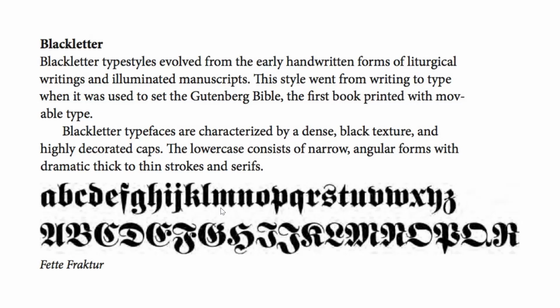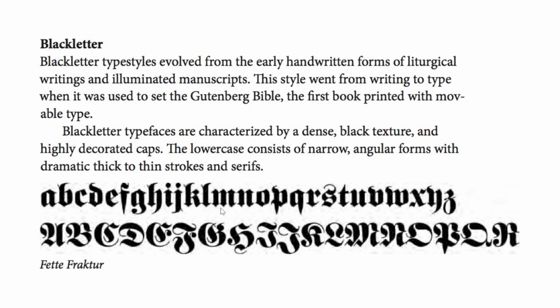Miscellaneous. Black letter. Black letter is one that I put in its own section just because it really is beautiful. It has great history. You might think of it just as something that reminds you of medieval times, back in the Dark Ages.